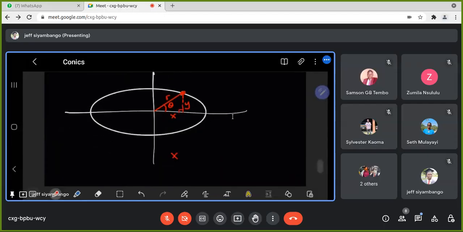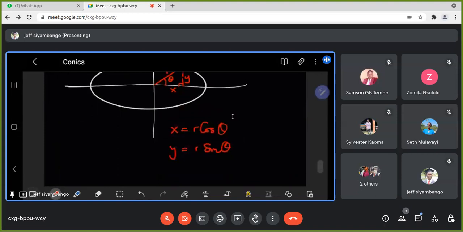So x is equal to r cos theta and y is equal to r sin theta. Other useful formulas are, from Pythagoras' theorem, x squared plus y squared equals r squared, and also tan theta is equal to y over x.